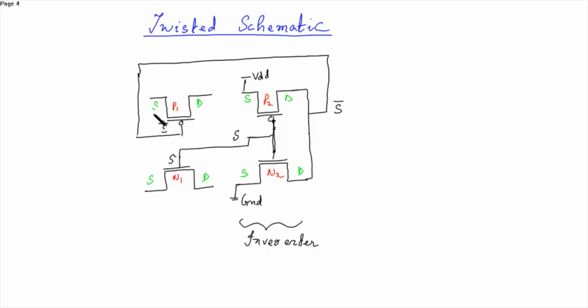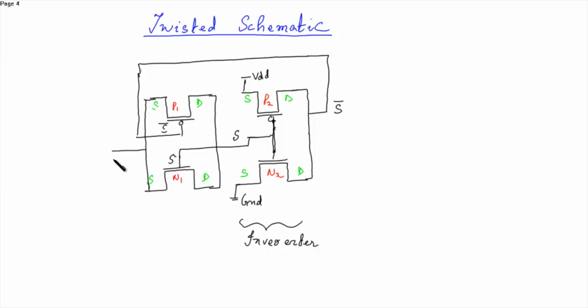Now the sources of the transistors are shorted. The drains of the PMOS and NMOS are also shorted. So this is a twisted schematic diagram.